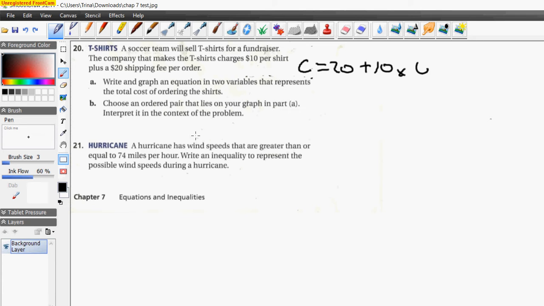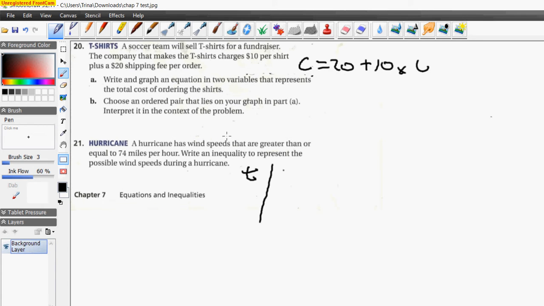T-shirts, I'll just put t-shirts, which is T. We already know that. Now I'll put a line right here to go through this, and I'm going to say C equals 20 plus what? 10T. That's the number of t-shirts, right?